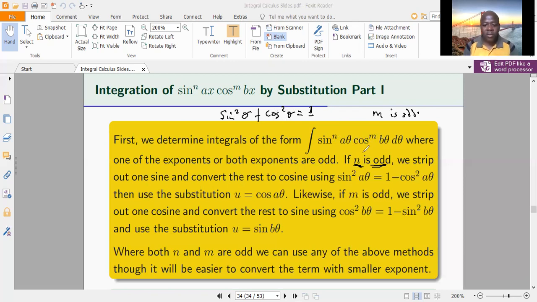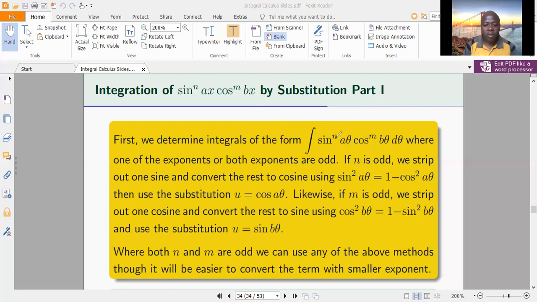Now, what if n and m are both odd? Then we can use any of the above methods. We can strip out one sine and convert the rest to cosine, or we can strip out one cosine and convert the rest to sine. But of course, there is an easier way. We look at the smallest exponent.